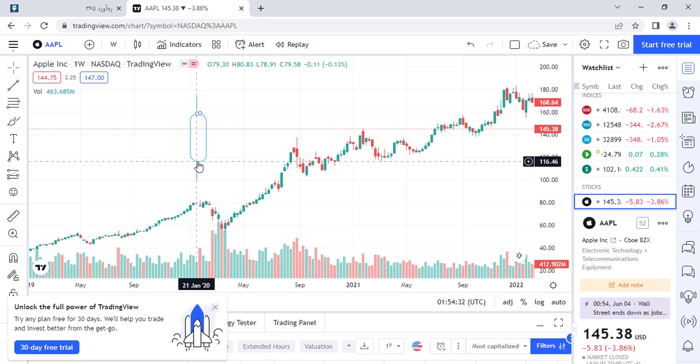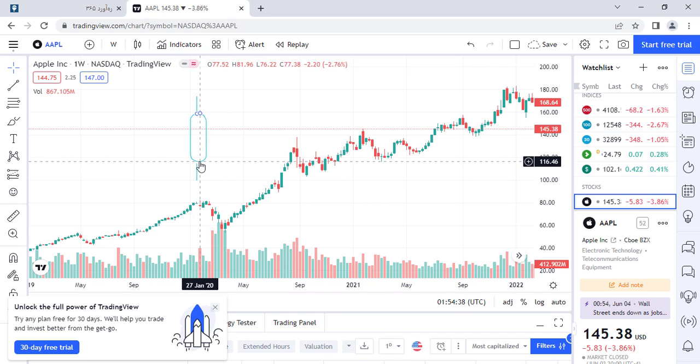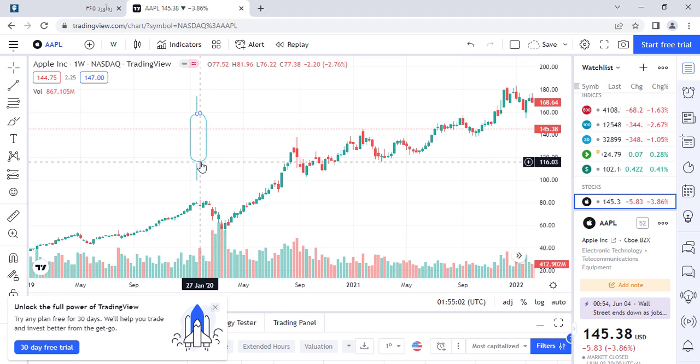Price in this day starts from $116, and it increases to here, and after that, the price closes. And the last price of the market is $159. So in this point, price opens, and in this point, price closes.